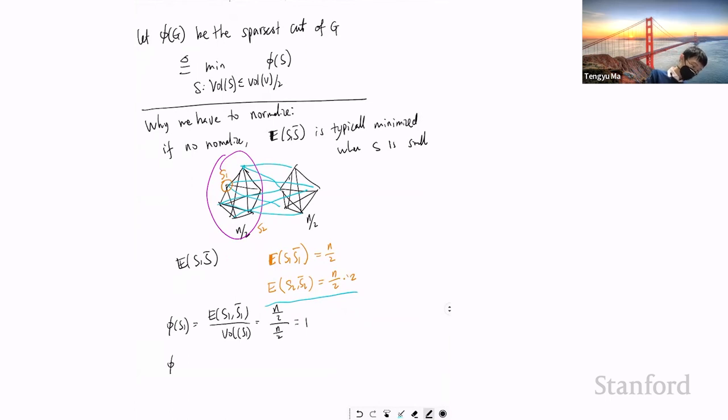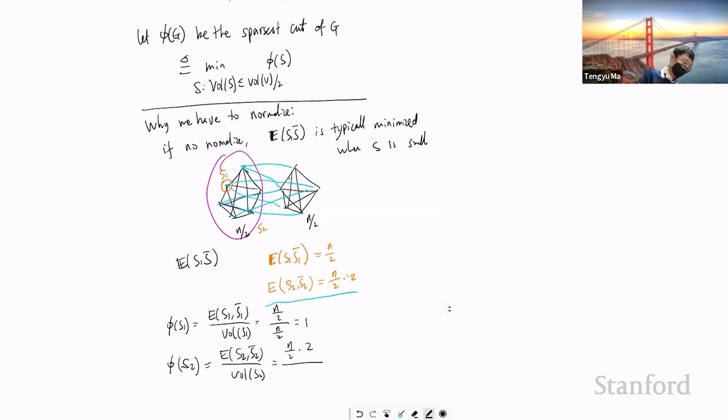If you look at phi of S2, this is n over 2 times 2, over the total number of edges connected to S2.